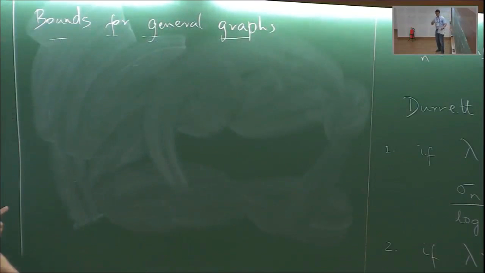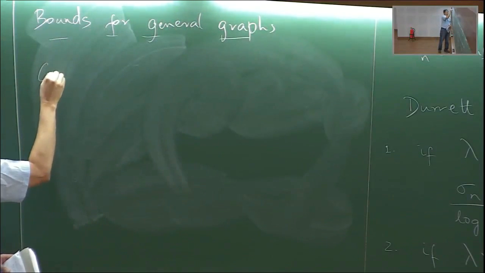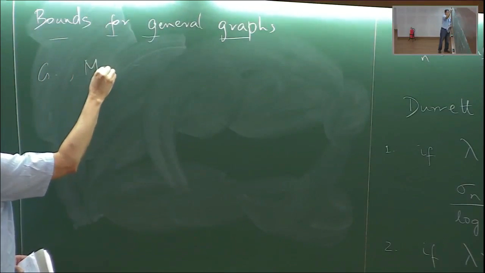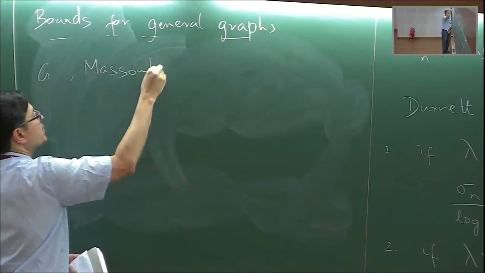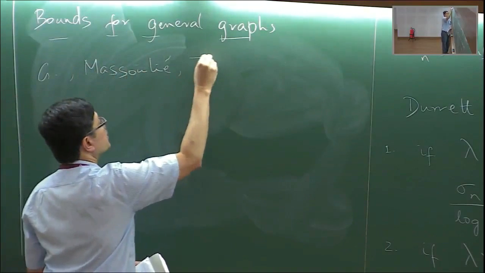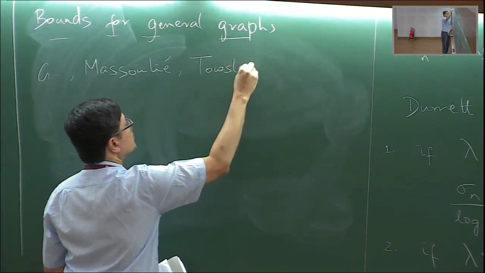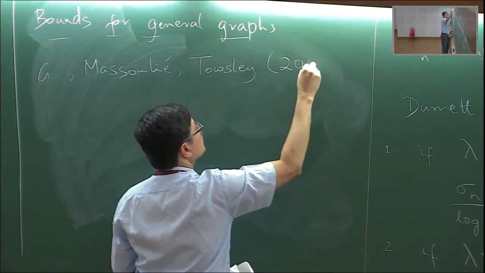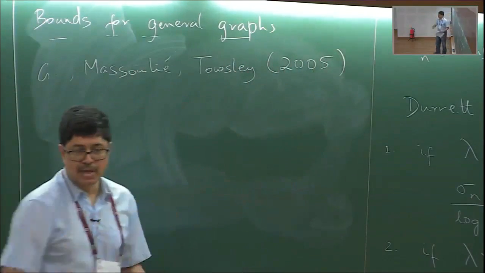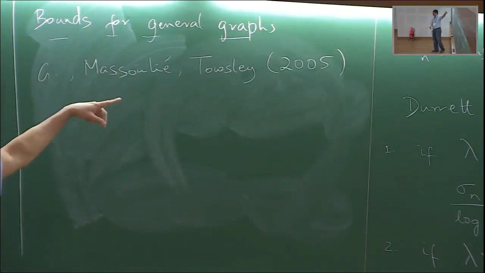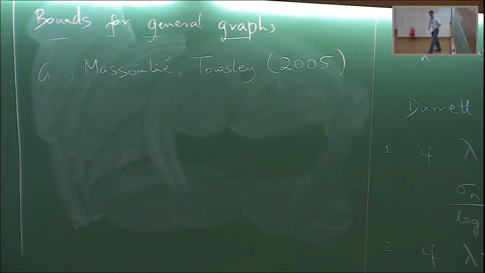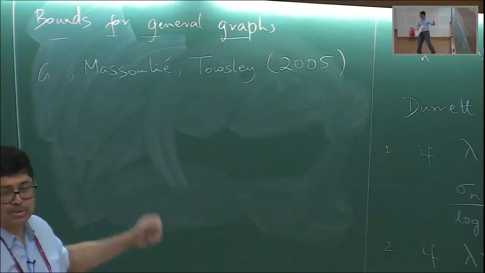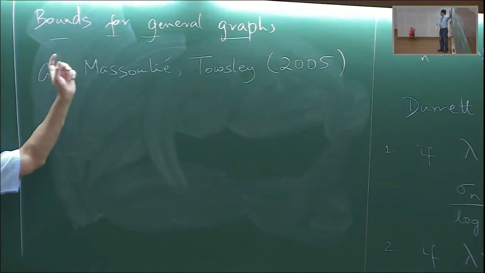This is a paper that I had with Laurent Massoulié and Don Towsley, around the same time as the paper of Berger, Borgs, Chayes, and Saberi, so this was independent work.